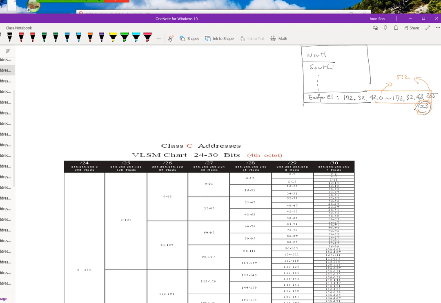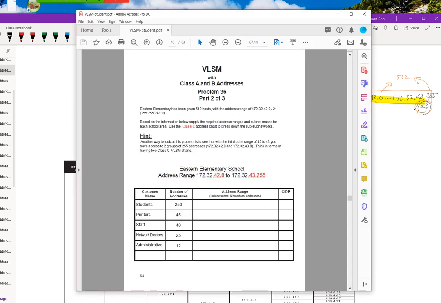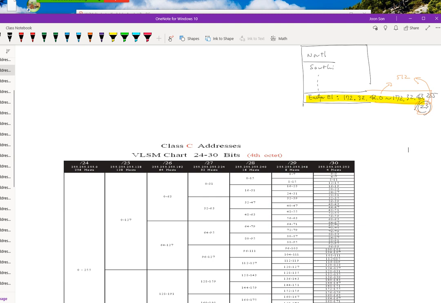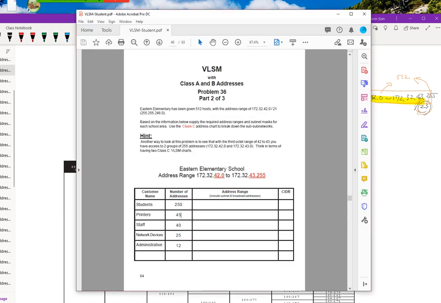And now part 2 is we are going to divide this network into many different pieces. We are going to divide this yellow network into how many? 1, 2, 3, 4, 5 different networks.